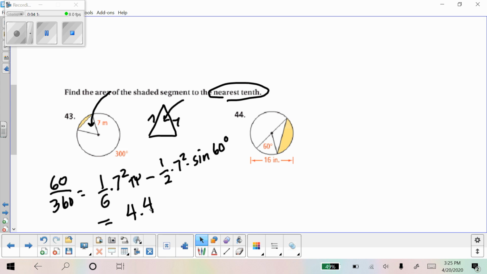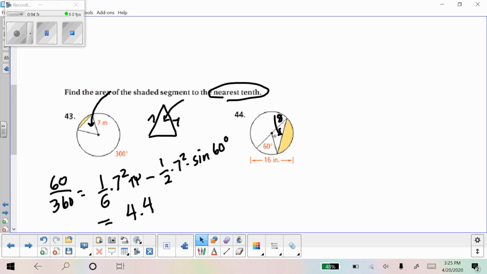All right, number 44 was also a problem. So once again, we're going to find the area of a segment. So we're going to find the area of the sector right there, which is, let's see, I think the radius is 8 there. Correct?